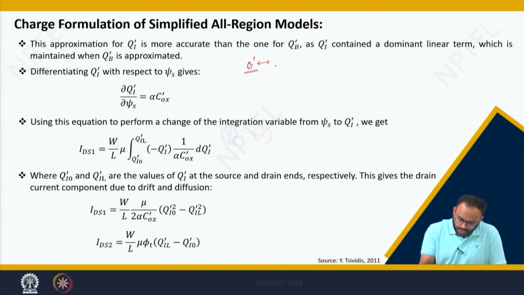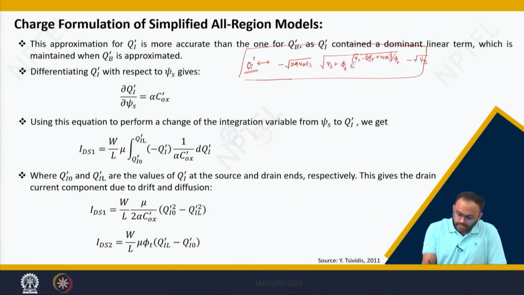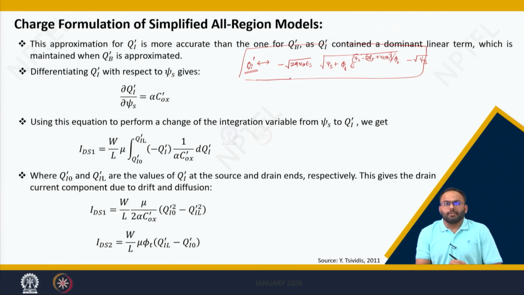It means qi dash can be written as minus of 2 into q into Na into epsilon s into psi s plus phi t e to the power of psi s minus 2 phi f plus Vcb over phi t, minus square root of psi s. If you see this equation, the surface potential and the inversion charge are highly non-linear. So can we find some linearization such that we can simplify our model?